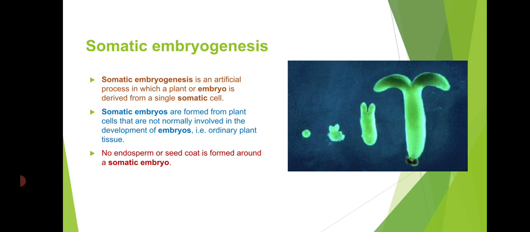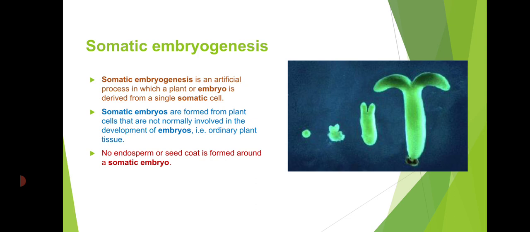Here also we are utilizing the capacity of the plant cells, that is, the totipotency of the cell. Somatic embryos are formed from plant cells that are not normally involved in the development of embryos, that is, ordinary plant tissue we can use for the development of embryos.